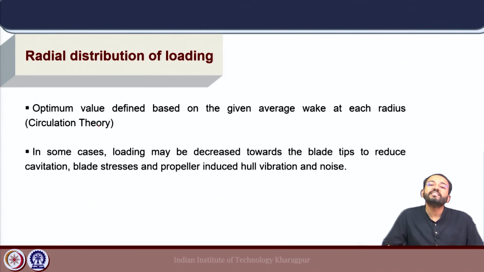And in some cases, the loading may be slightly decreased towards the blade tip where cavitation issues can occur. So, these are the different geometric parameters which impact the propeller design in terms of its performance as well as strength and cavitation requirements.